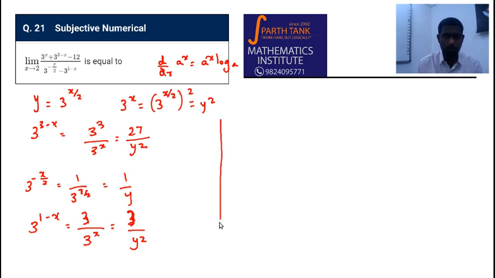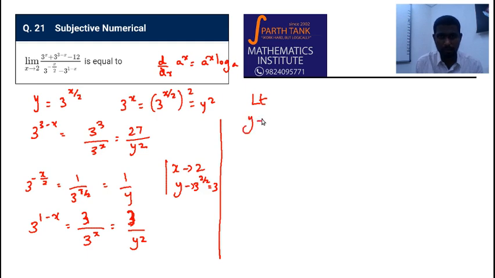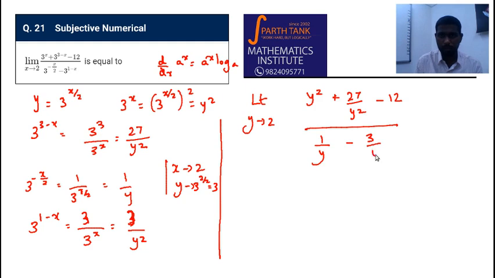So the whole thing becomes limit x tends to 2, of course. When x tends to 2, y tends to 3 raised to 2 by 2, which is 3. So y tends to 3. We have y squared plus 27 by y squared minus 12 divided by 1 by y minus 3 by y squared.